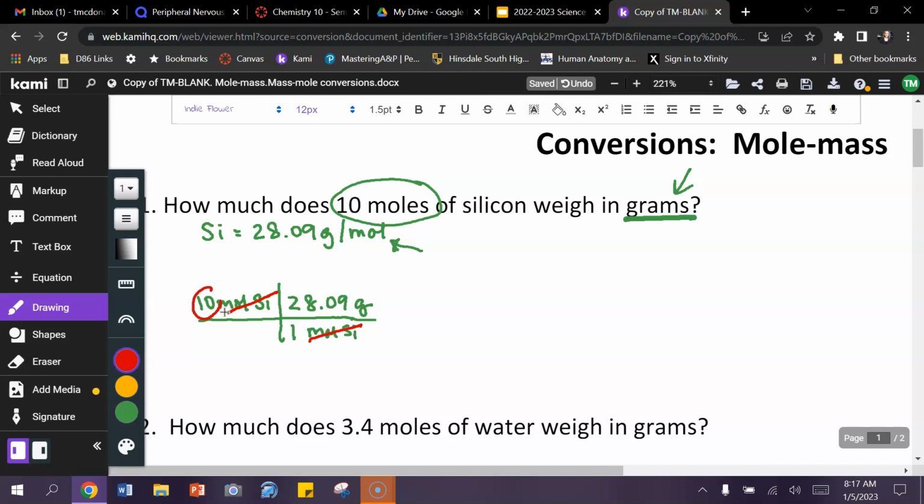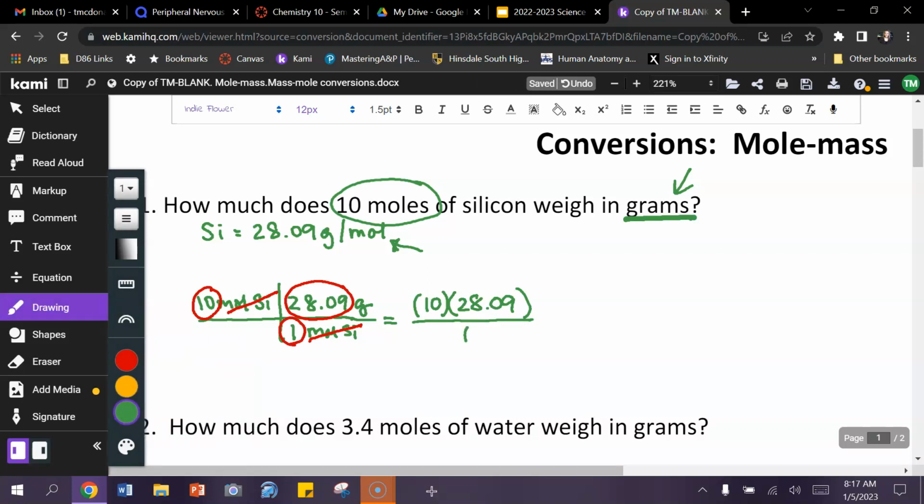I'm left with 10 and 28.09 on top. So I'm going to multiply 10 times 28.09, and then divide that by the number that is left on the bottom, which in this case is the number 1.